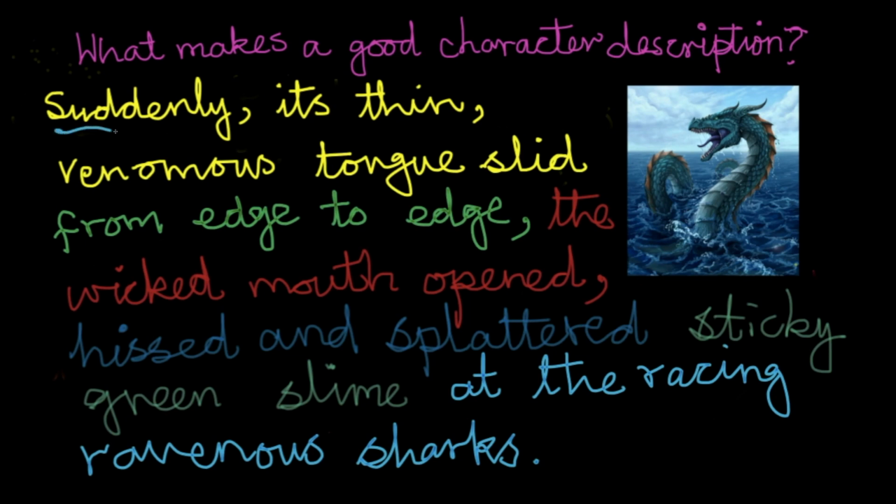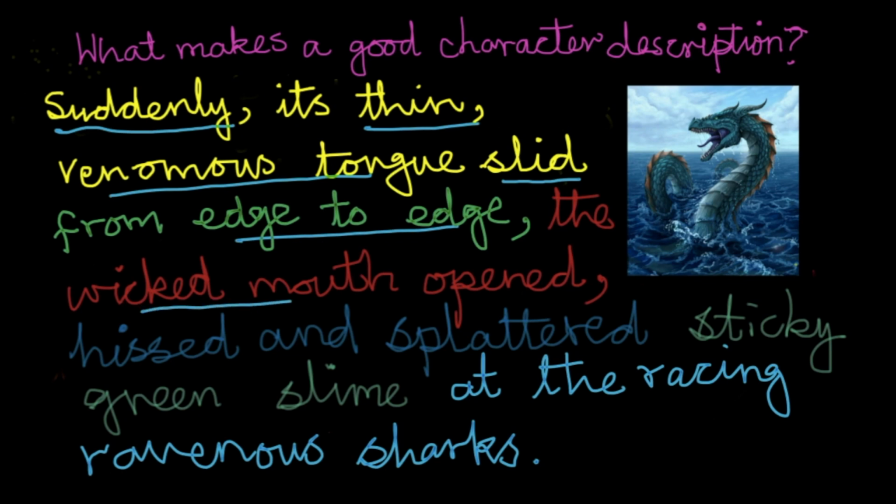Now we have used an adverbial opener. We have described its tongue. We have used powerful verbs, slit and hissed, and more detail here, edge to edge, and the description of its mouth.